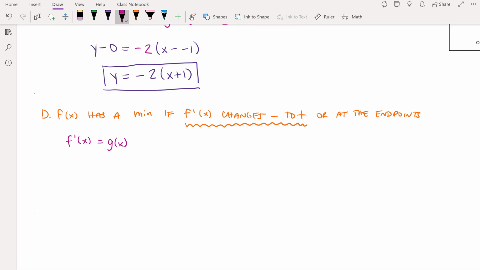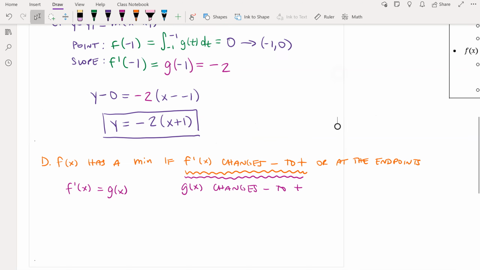So this could be rewritten as g of x changes negative to positive, right? So we need to look back at our graph and figure out where our graph changes negative to positive. So let's go back up and do that.